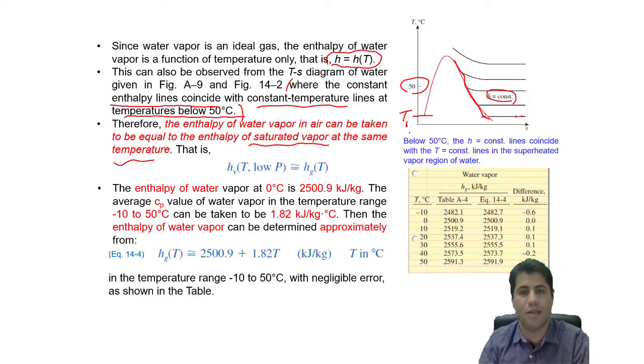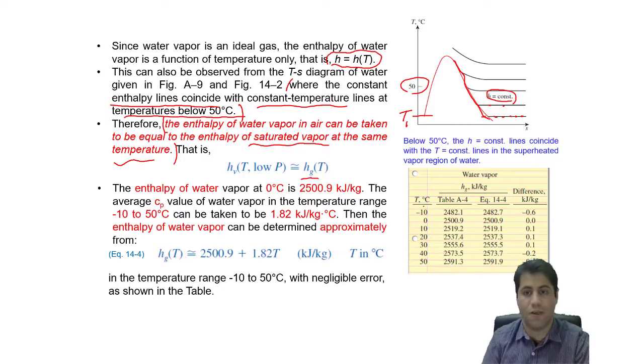You know about that from previous chapters, and this area is the superheated region. So based on this, we can say that the enthalpy for the points which are on these lines, not on the saturated line, is equal to the enthalpy of the gas which is on this line. In other words, h_v, or enthalpy of vapor at temperature T for low pressures, below 12.3 kilopascal, is equal to the enthalpy of the saturated gas, or h_g in the table.